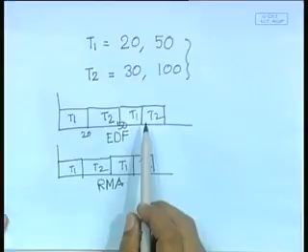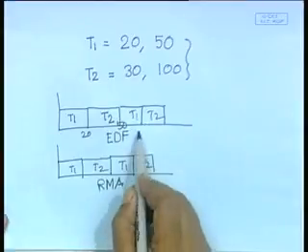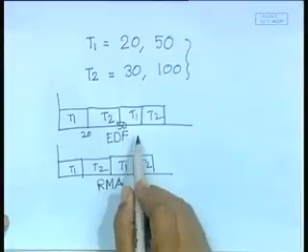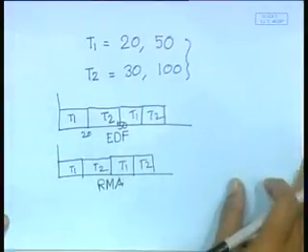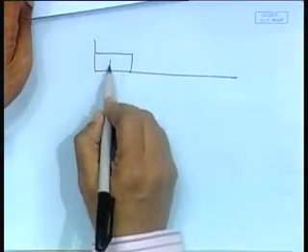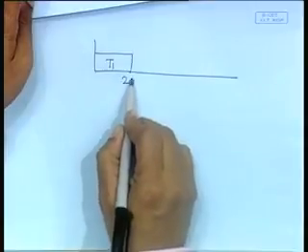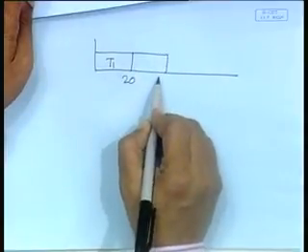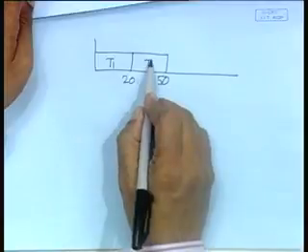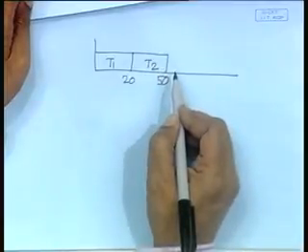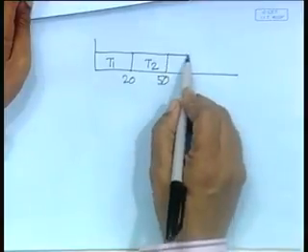For example, for T2, there will be a gap, I think, after 100, T2 will appear. Okay. Let us draw again neatly. Yeah, what he says is correct. So, T1 runs for 20, then T2 runs for 30, and by that time T1 exists, is it not?